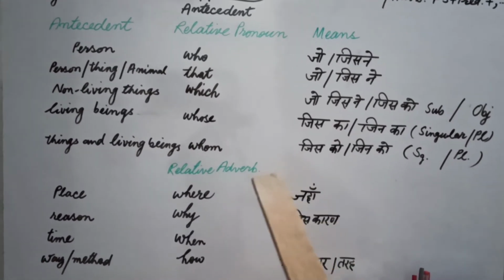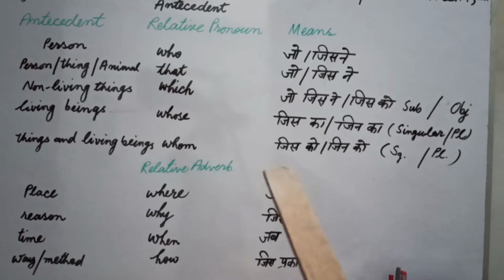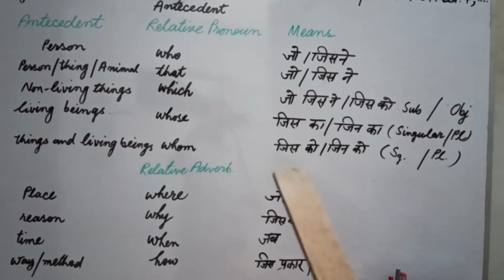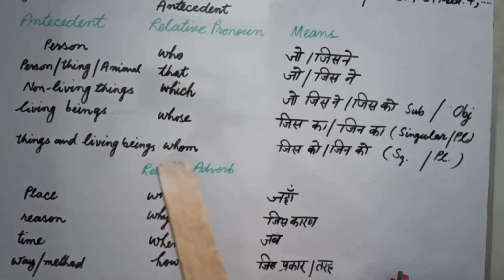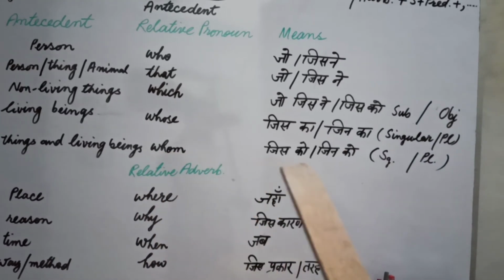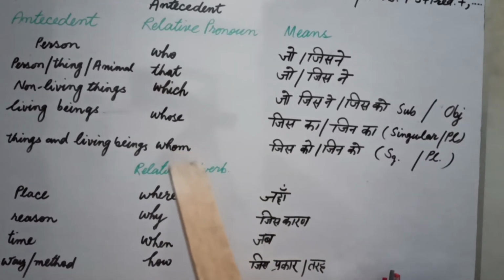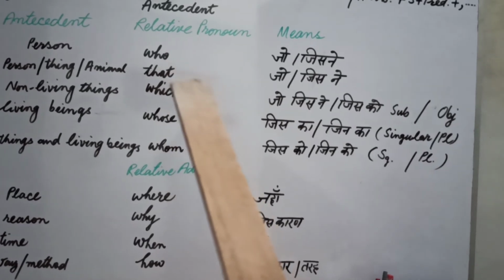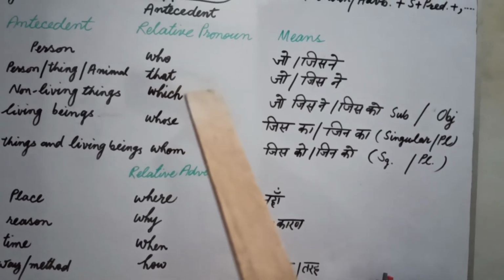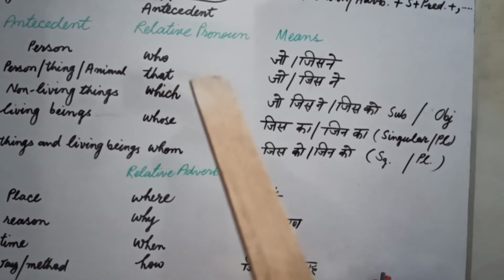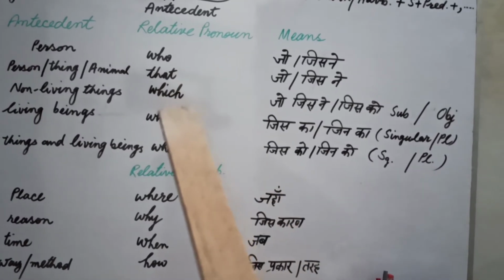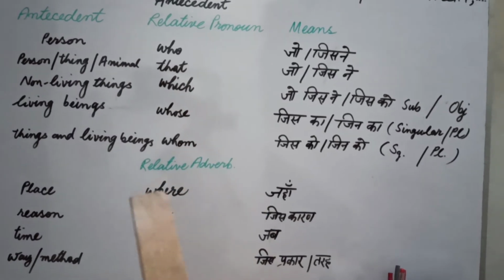Like we can say वे किताबें जिनको मैंने मोहन को दिया अच्छी हैं. So जिनको is used for the object books. That's why whom is used for the objective case. Who and that, these two relative pronouns, are used in the nominative case, that is known as subject, and which can be used as subject and object both.